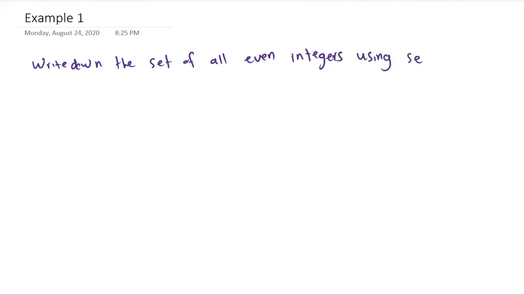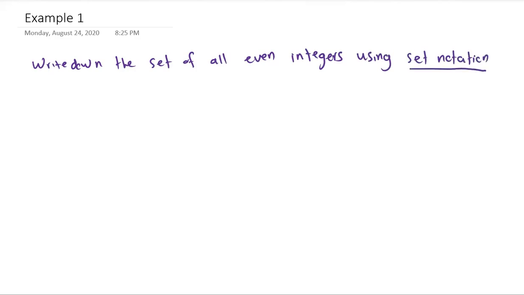So example 1. We want to write down the set of all even integers using set notation.